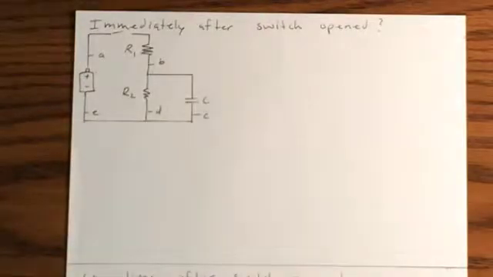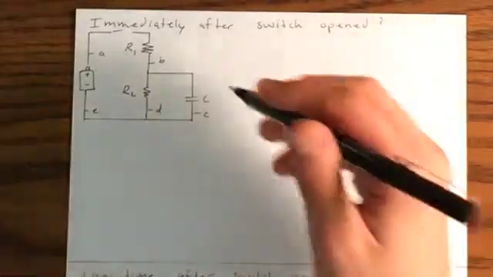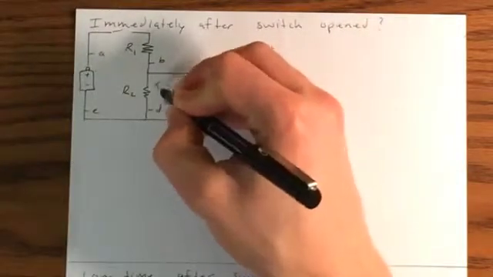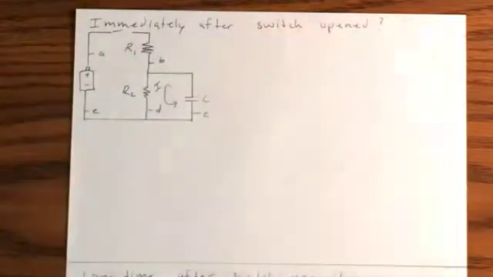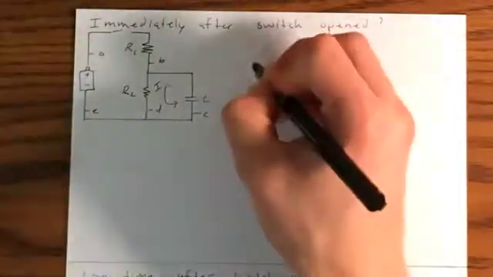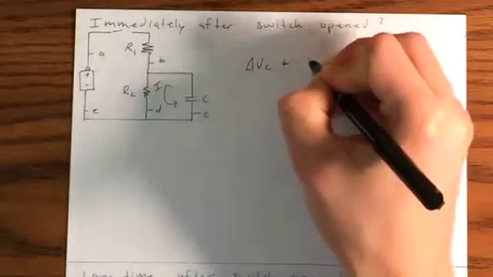So for part 2 of the problem, it wanted to know immediately after the switch is open what the charge would be. Now, we know if the switch is open, the circuit with the battery in it is not going to be complete. That way we know that the current's only running through the smaller loop.